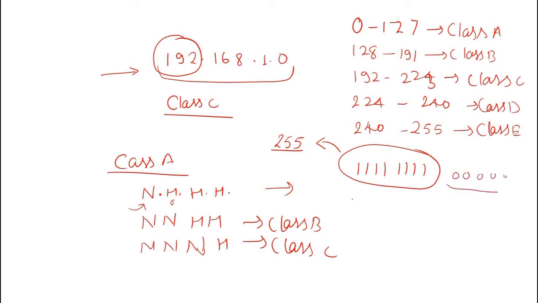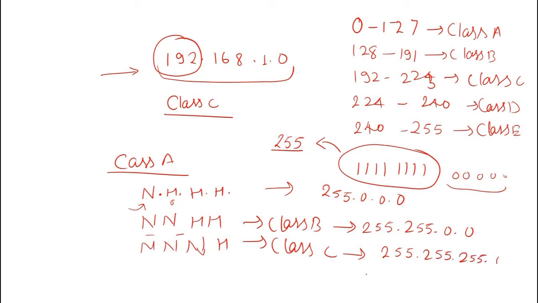So the subnet mask is 255.0.0.0. For class B, there are two network octets, so it is 255.255.0.0. For class C, it will be 255.255.255.0. That's how we define it.